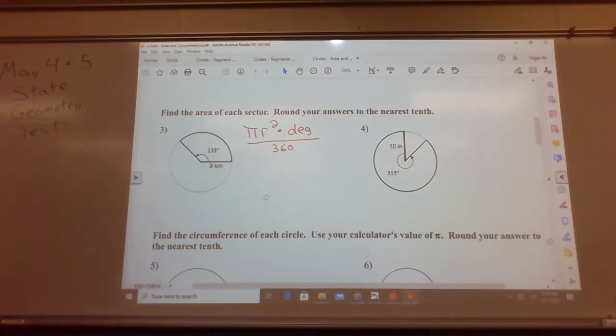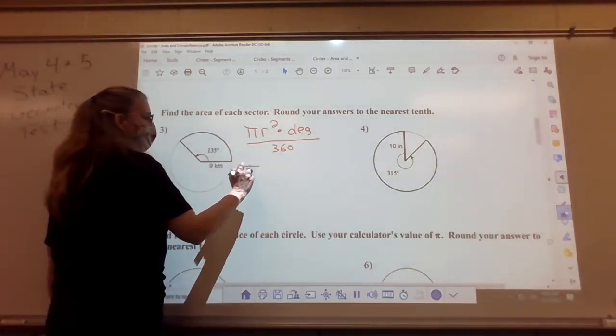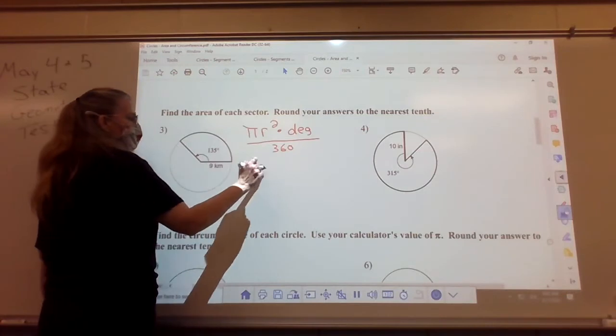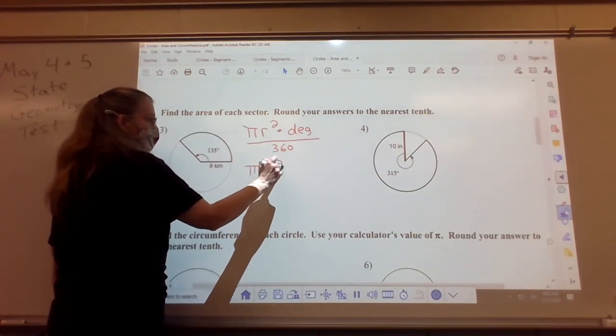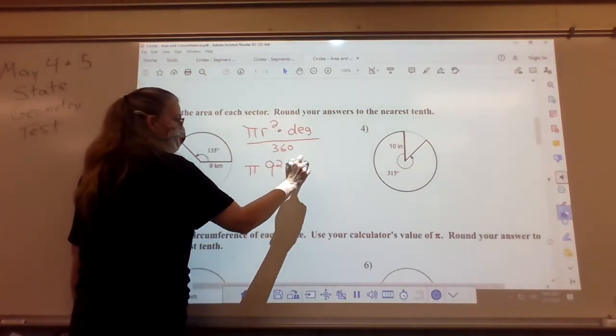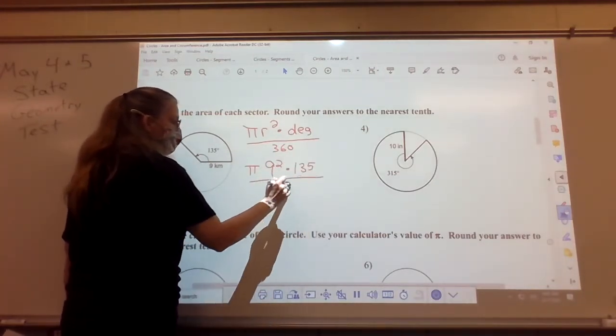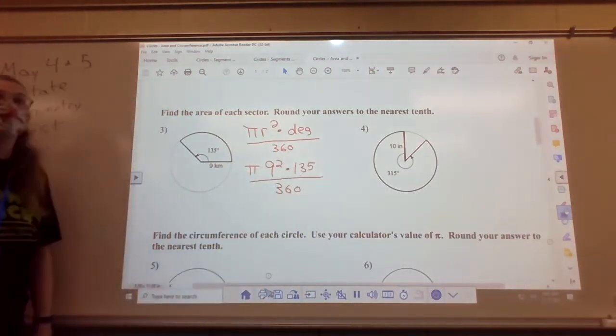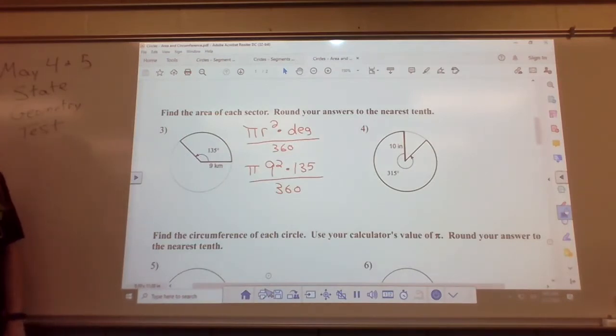So let's plug everything in. Pi, radius is 9, squared times degree, 135, divide by 360. Now, again, I want to make sure you know how to type this in. Just leave pi there for a minute. Just ignore it.